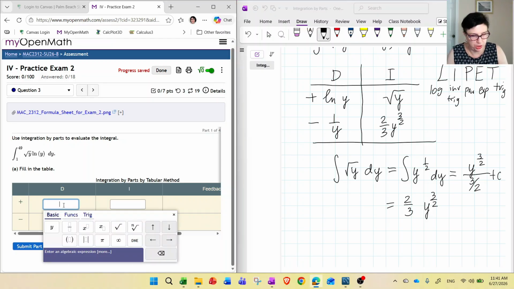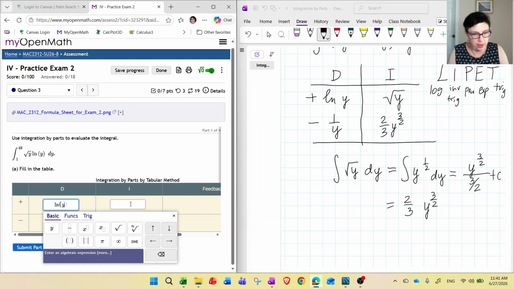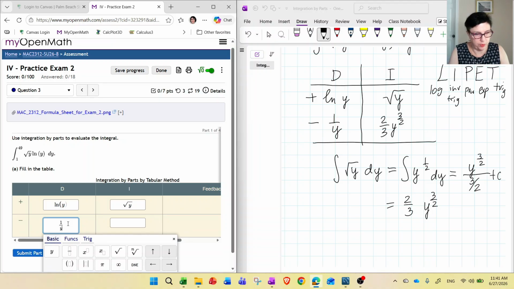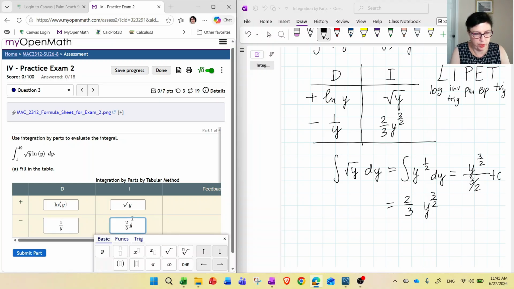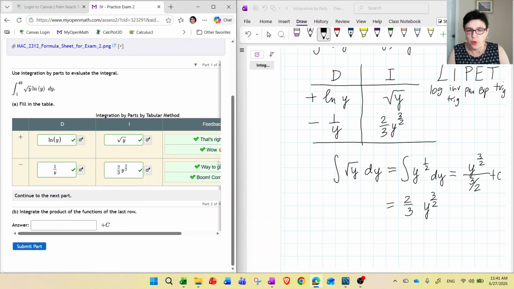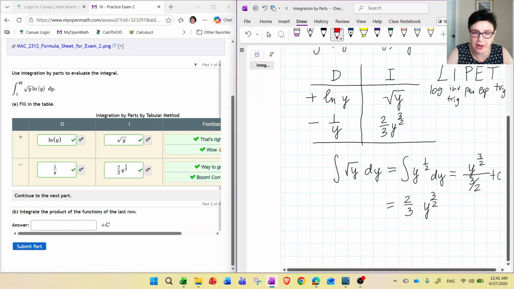So let me fill this out here. This is going to be square root of y. This is going to be 1/y, and then this is 2/3 y to the power 3/2. Okay, so we got that out of the way. Now, what do we need to do for the tabular method? You multiply diagonally across, and that would be the first term in your answer.